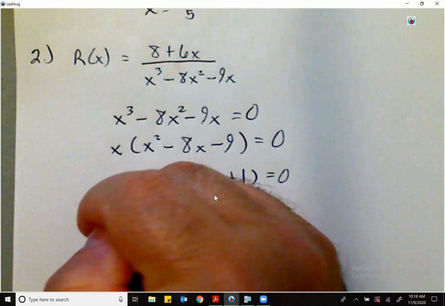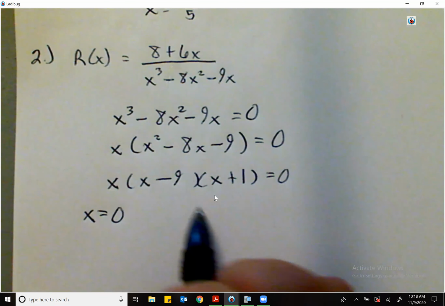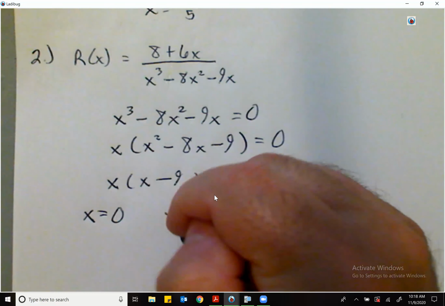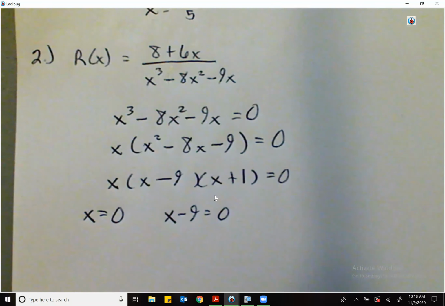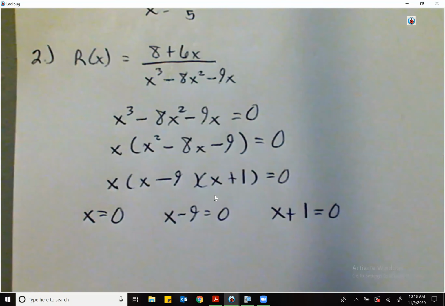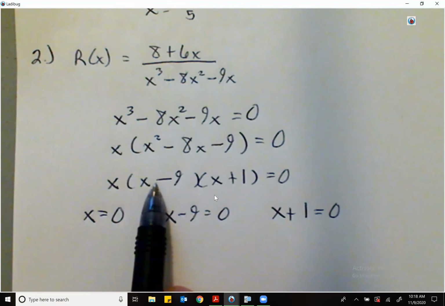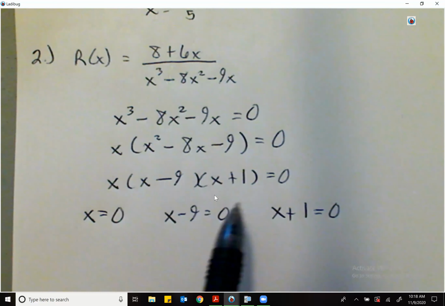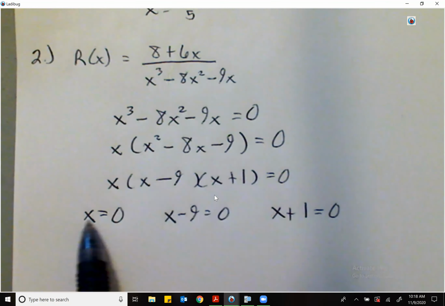So we've got our GCF here that equals 0, our x minus 9 that equals 0, and our x plus 1 that equals 0. Your GCF is just like all these. Remember, we have the zero product rule, which says we can take our parentheses and set them equal to 0.